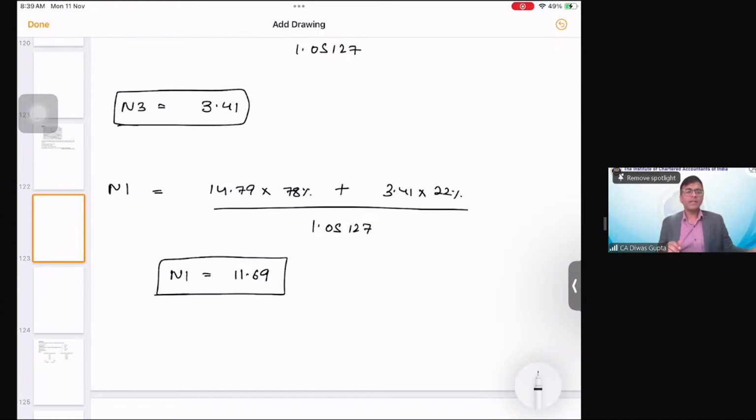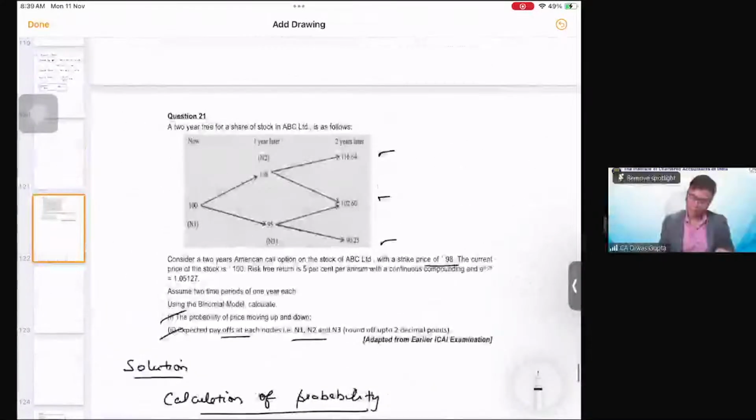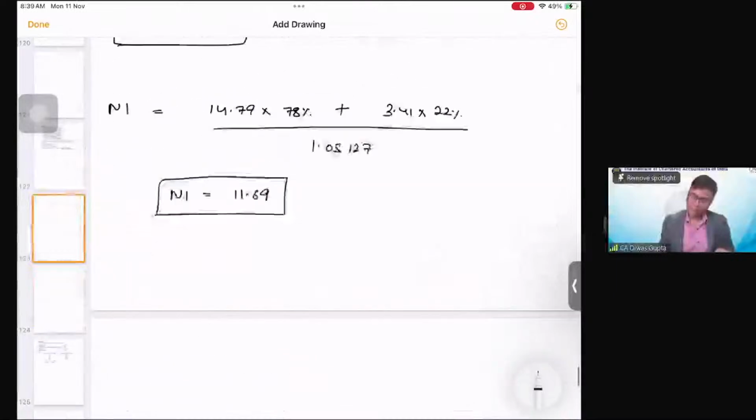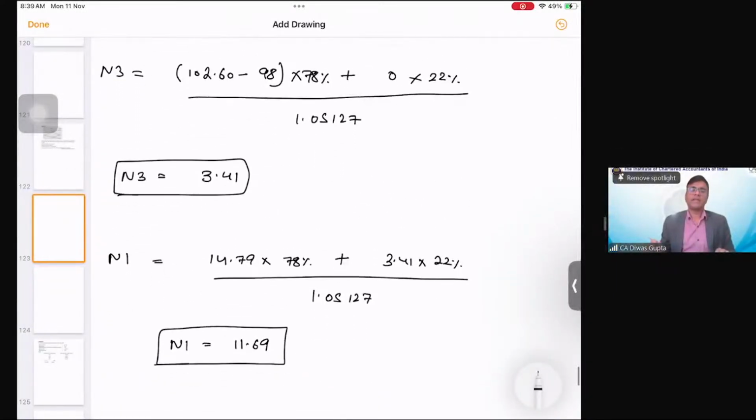Clear? So at all the three nodes, we have calculated the payoffs. Okay, N2, N3, and then finally N1.